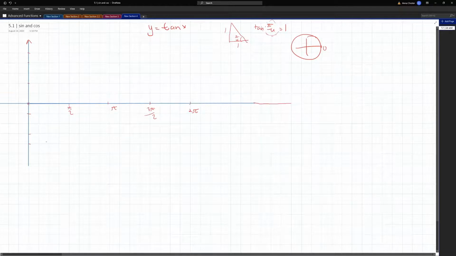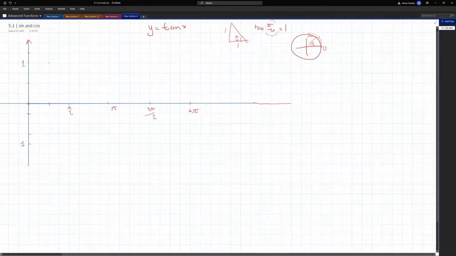So let's graph that point. Then let's think of what happens as we approach these values over here. We know that when pi over 4 exists, this will give us the value of 1. So let's graph that. Let's say that every 4 squares is 1.